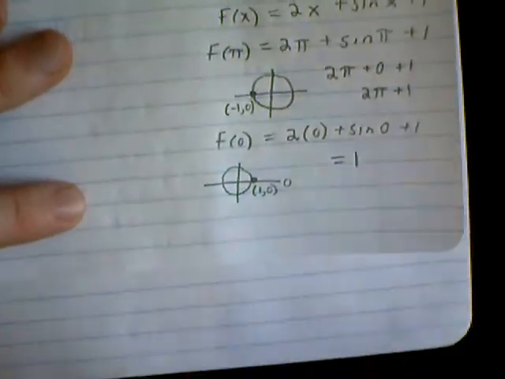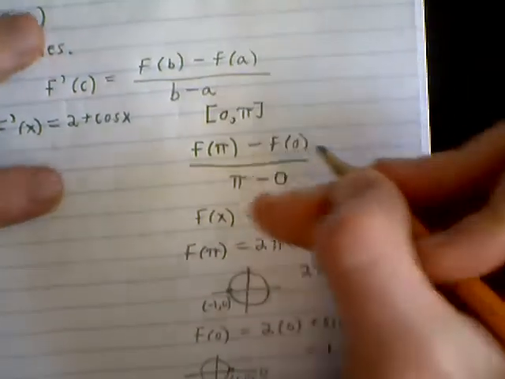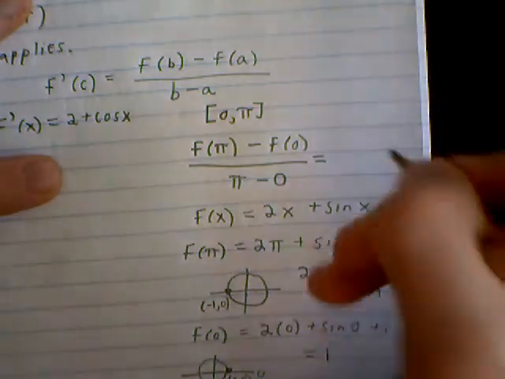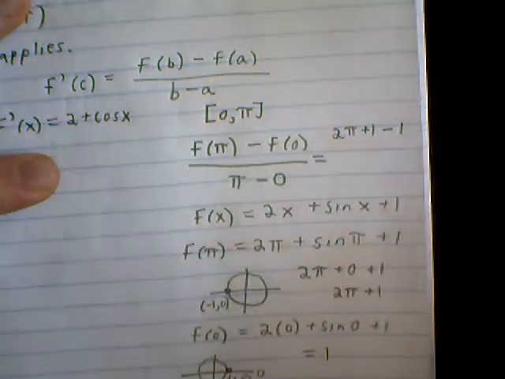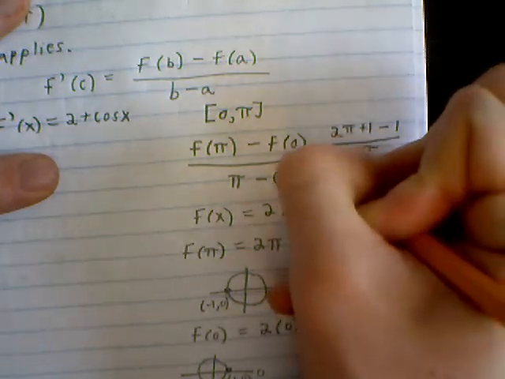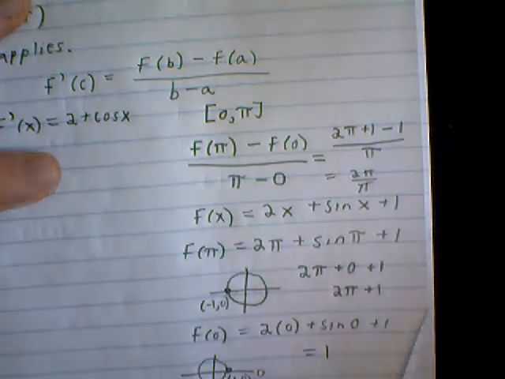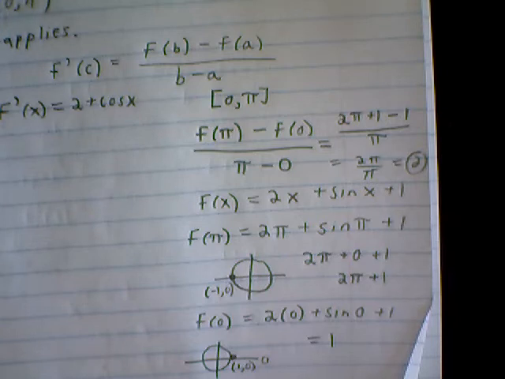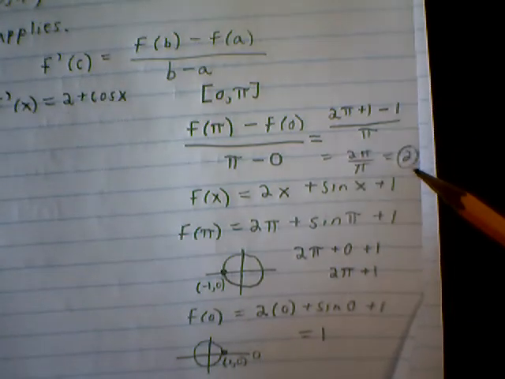Now what I need to do is find the slope. So f of pi was 2 pi plus 1 minus 1 over pi. That gives me 2 pi over pi, which is 2. So the slope of my secant line is 2.